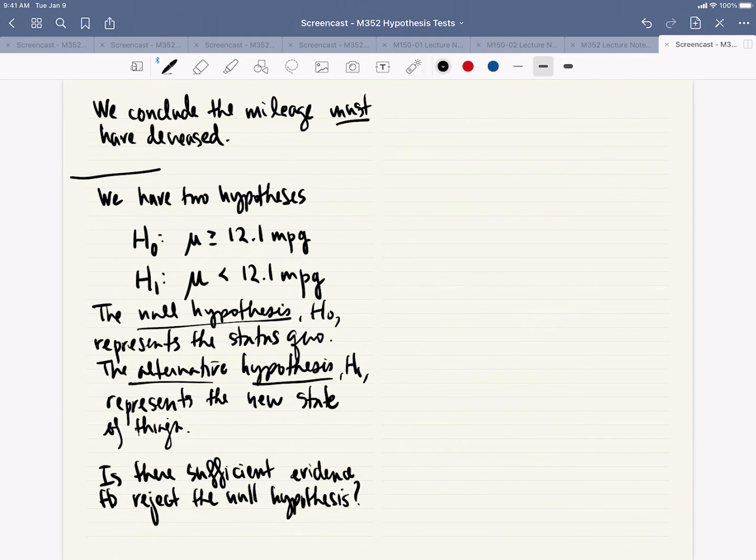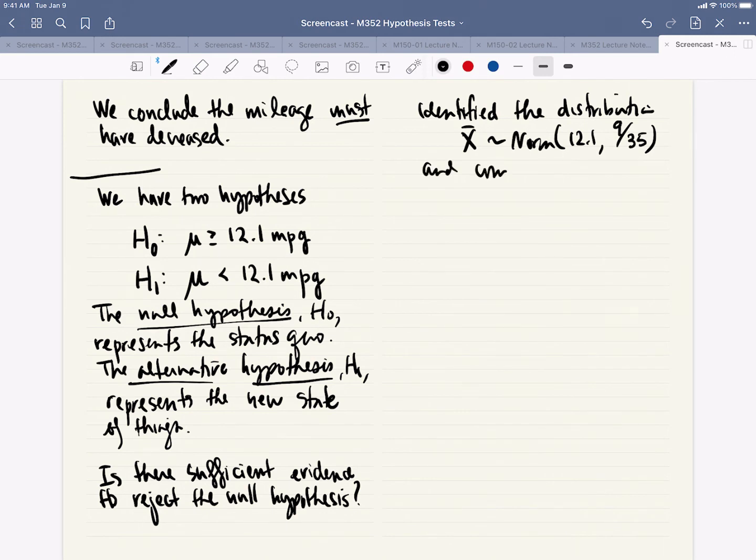The first thing that we did is we identified the distribution for the sample mean, that it was normal with mean 12.1 and variance, we'll say, 9/35. And then we computed what's called a p-value of 10.7.